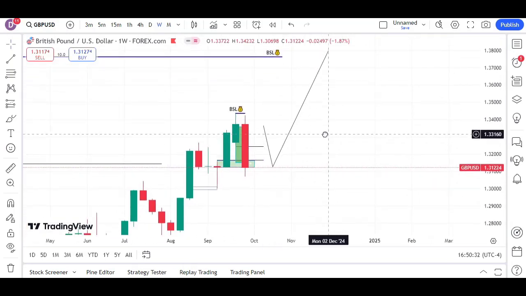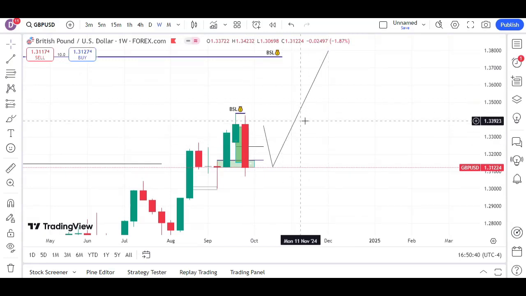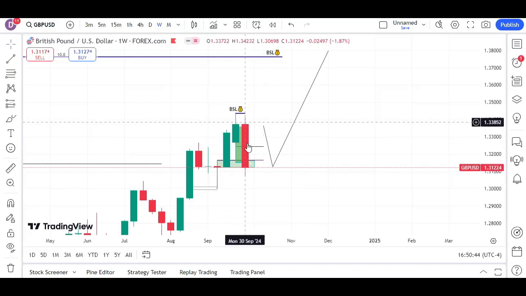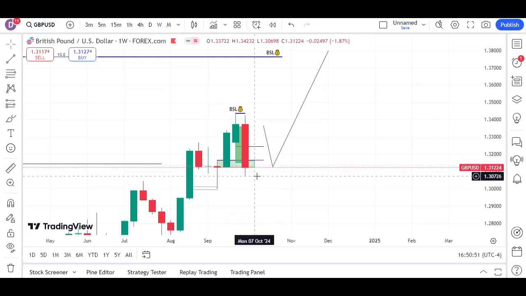So for this week I want to see higher prices on cable, that's GBP USD. Seeing as much as we are respecting bullish PDRAs, now I'm going to be looking for buys.